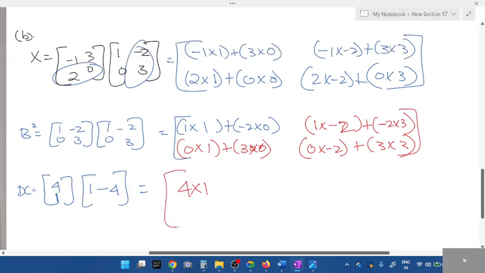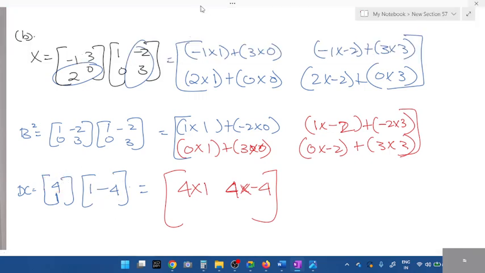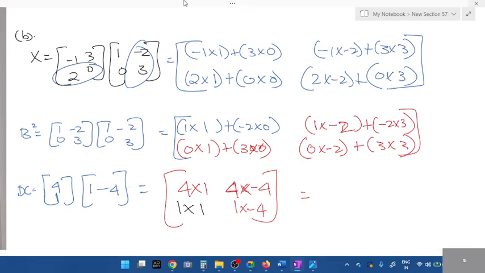Next, first row, second column: 4 into minus 4. Next, second row, first column: 1 into 1. You should definitely get 4 terms. After that, 1 into minus 4. Okay, these are the values.